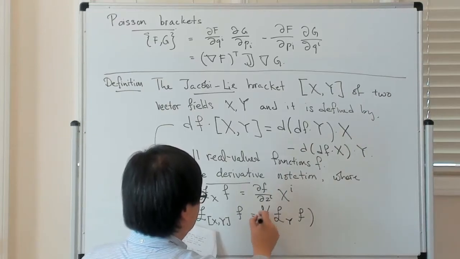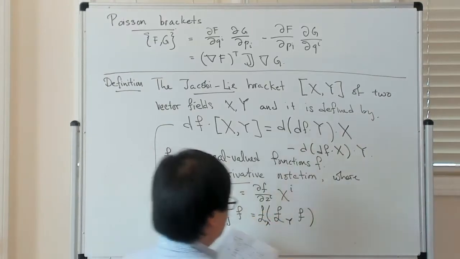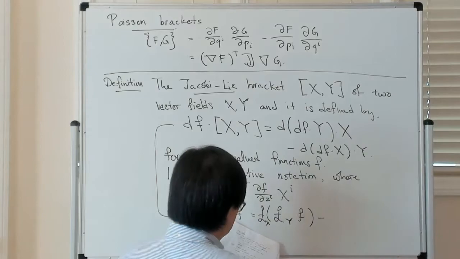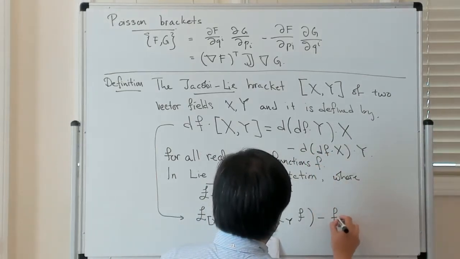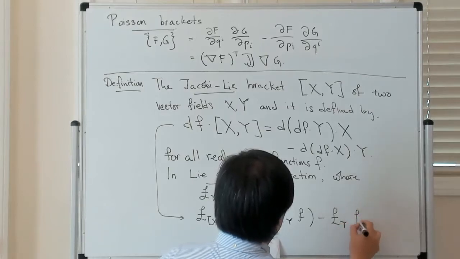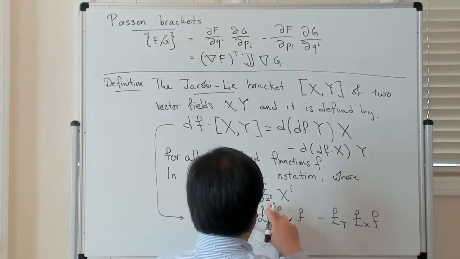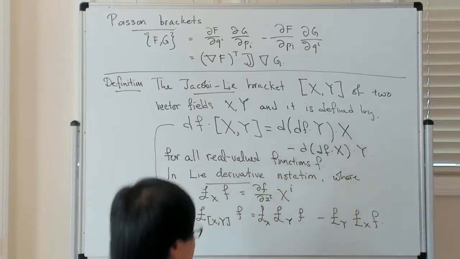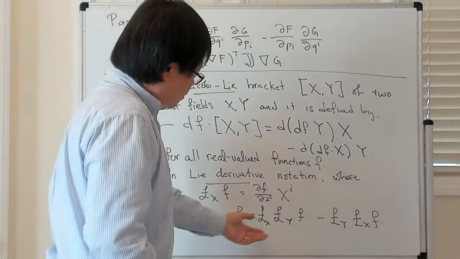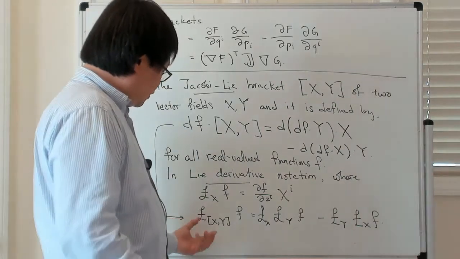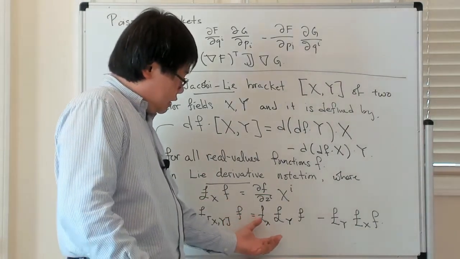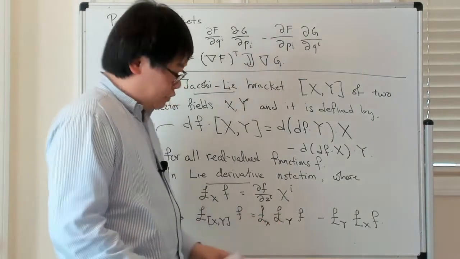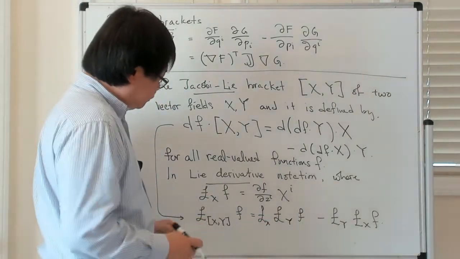And then the other one is just the permutation of it: Lie derivative with respect to y, Lie derivative with respect to x of f. So again, what you're saying here is that this thing is morally the commutator of these things.